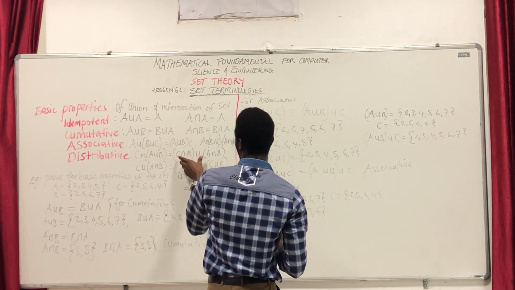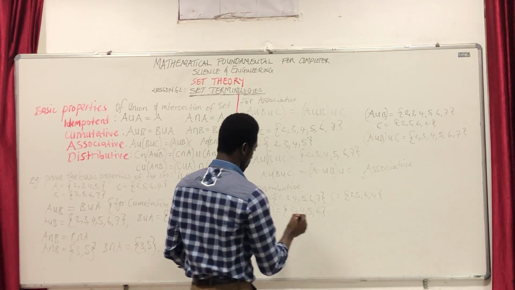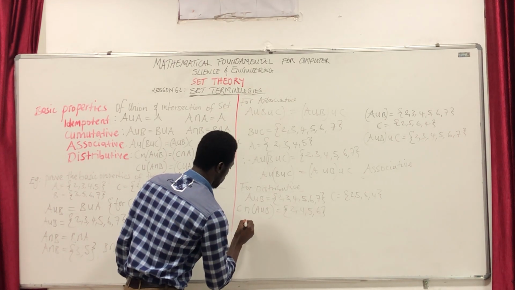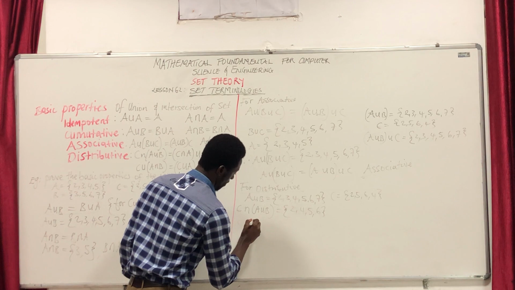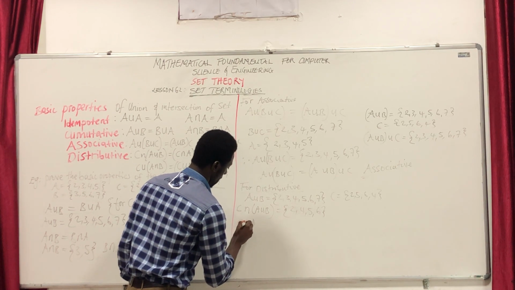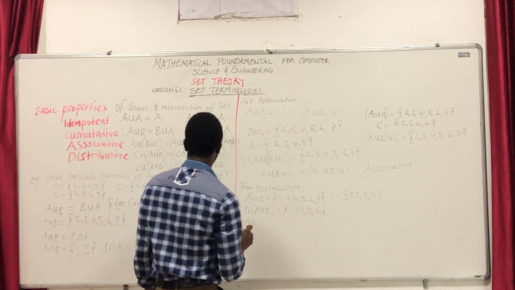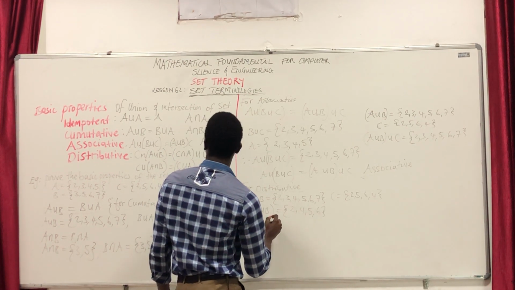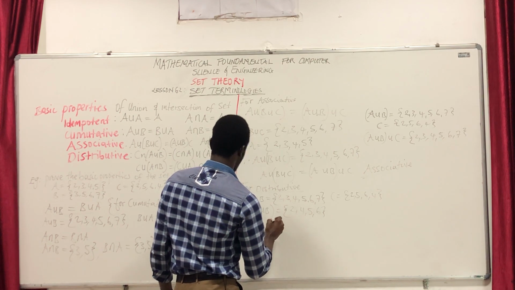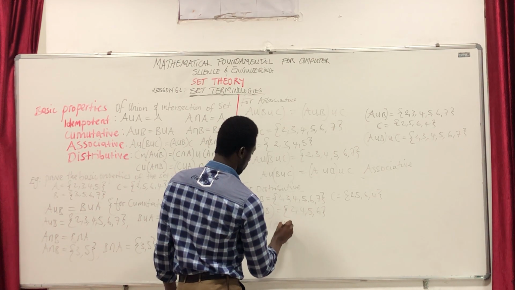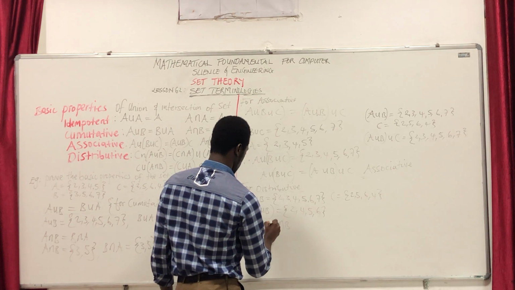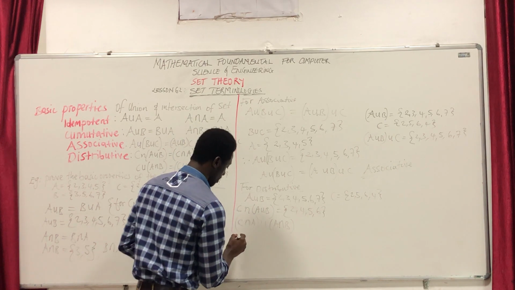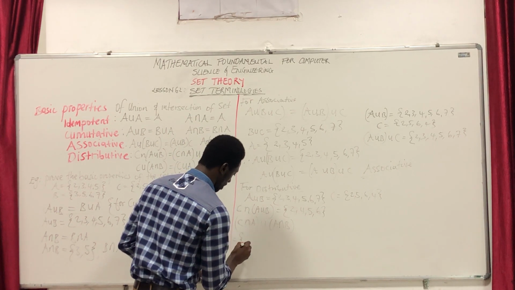So now we'll check for the other one. C intercepts A, union A intersects B. Let's just go direct to the answer.